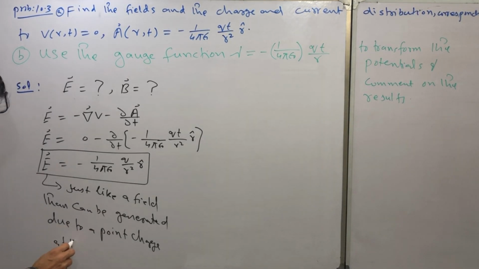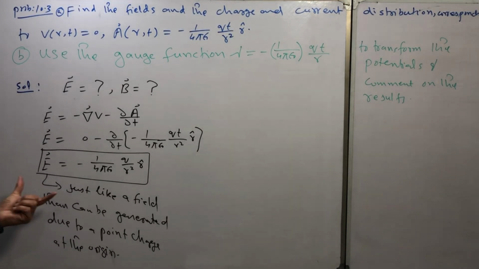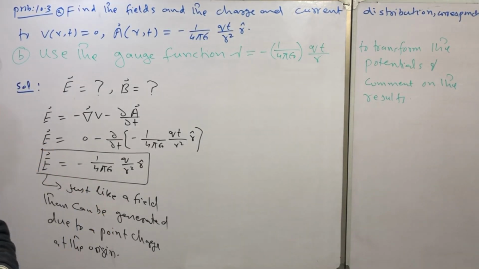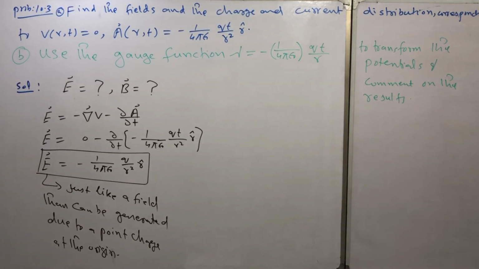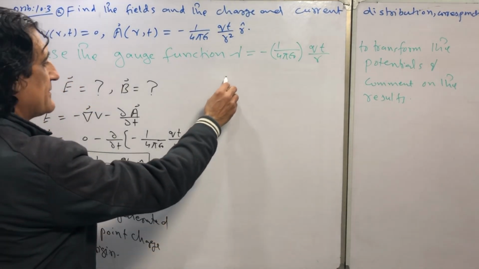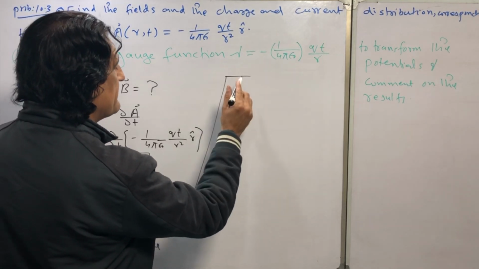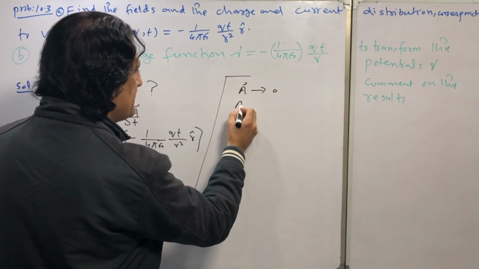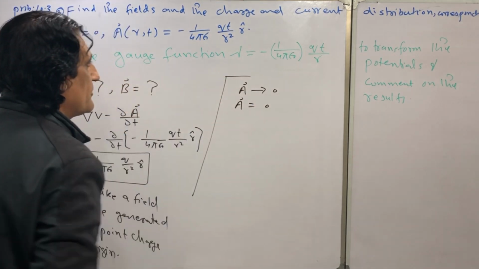At the origin, if the charge is just like a point charge situated on the origin, then for this charge the vector potential goes to 0. It means that A is equal to 0.